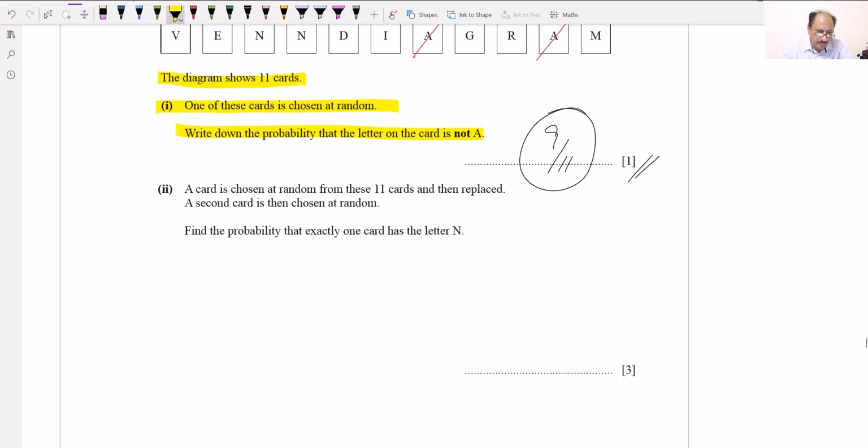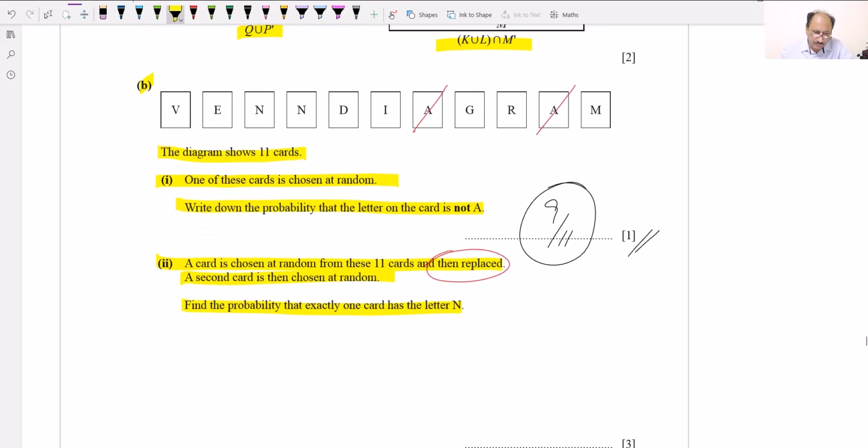Then second part says a card is chosen at random from these 11 cards and then replaced. So this is important, replace. So again situation will be same. The second card is then chosen at random. Find the probability that exactly one card has the letter N. So how many are N?